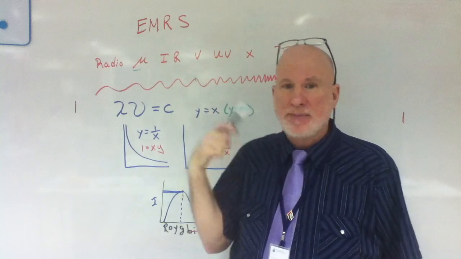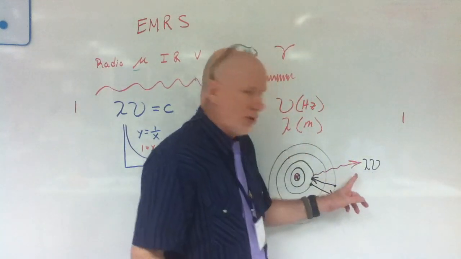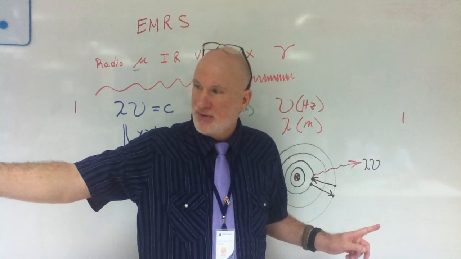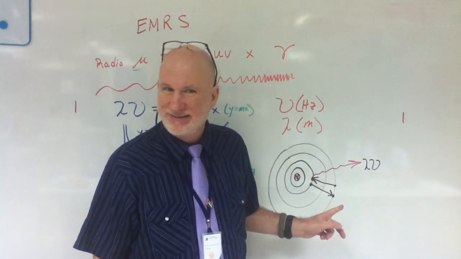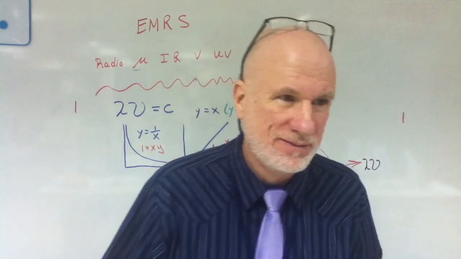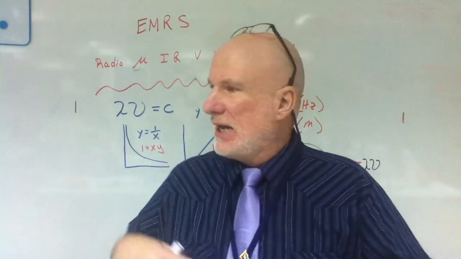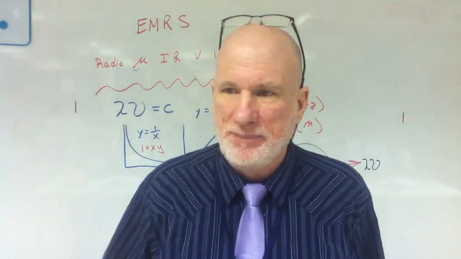Correct? Electromagnetic radiation comes from this. So the origin of light is electron transitions. You get it? The quanta. It happens all around us. We see colors, dyes, light bulbs. It's all the same.